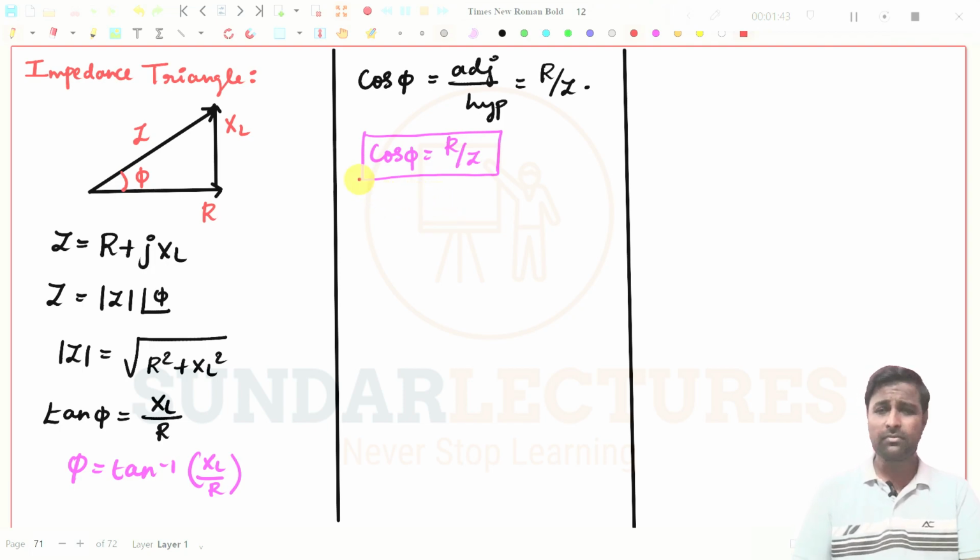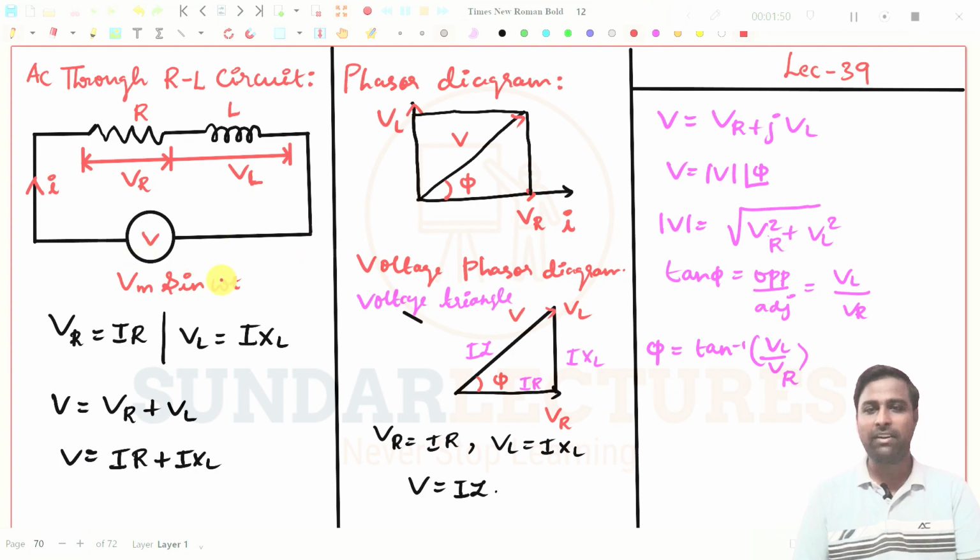Now in this class we try to get what is the power in the RL circuit. I gave a hint about the power in the previous class. Because we have R, we should have real power, and because we have L, we should have reactive power.